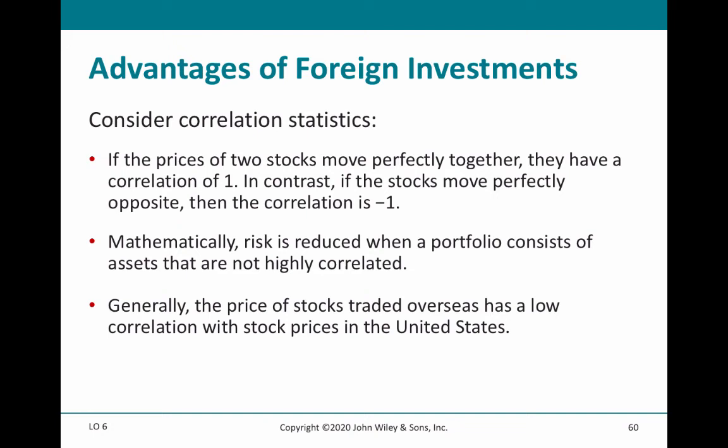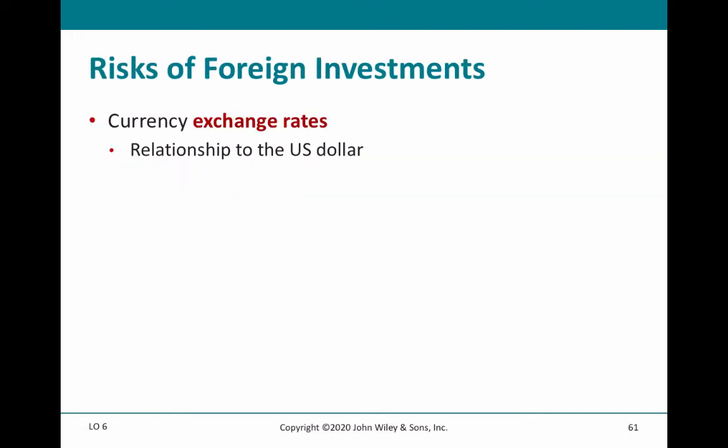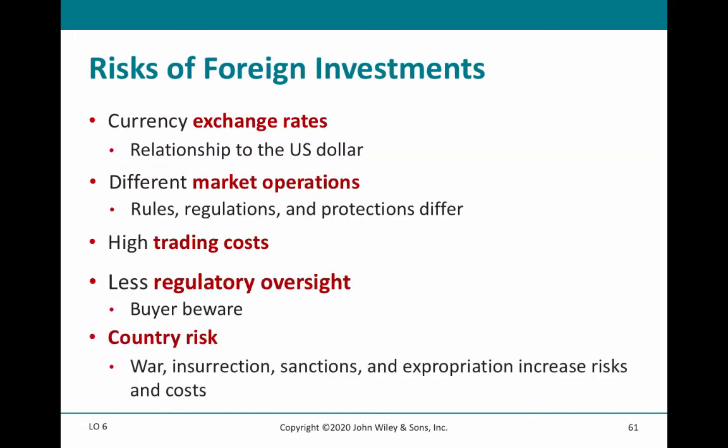There's some mathematical reasons as well. There's low correlation. So if a stock goes up in China, U.S. stocks may not go down. So it spreads out diversification-wise based upon math. Some risks: you can have higher exchange rates, market operations, trading costs, regulatory oversight, or country risk.